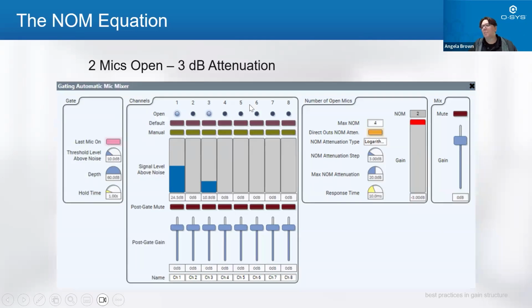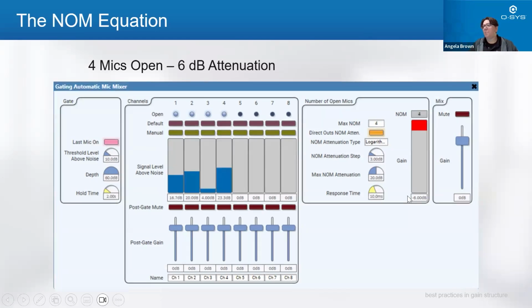If you have 2 mics open, you now can see a minus 3 dB attenuation here. That minus 3 dB attenuation is because you now have 2 signals summed together, and you have to take out that resulting gain. And it does it on the mix of the 2. So it actually mixes the 2 together and then lowers it down. And then you can see where if you have 4 mics open, you're down 6.